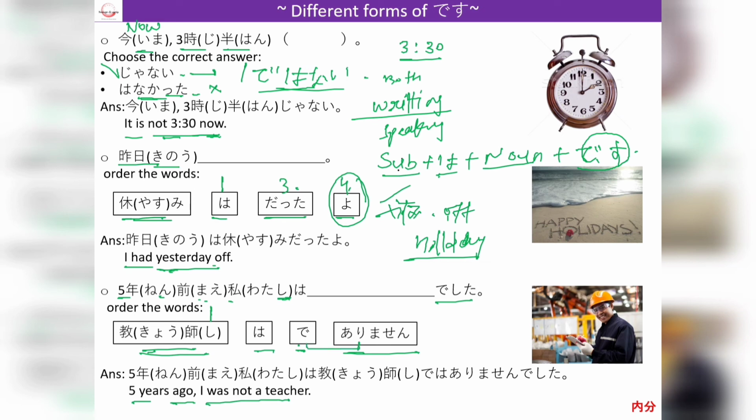So our answer will be deva arimasen deshita. So at first we will use kyoshi, then we will use de, then wa, and then arimasen. Deshita is already written here, and our sentence will become: go nen mae watashi wa kyoshi deva arimasen deshita. 5 years ago I was not a teacher.